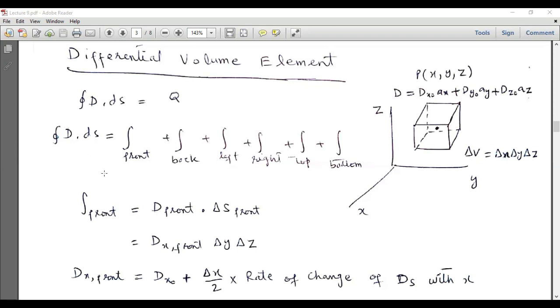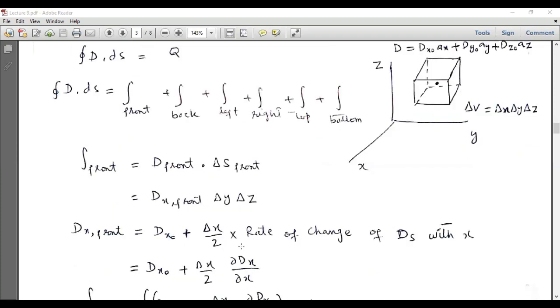So the first integration is the integral over the front surface, and this integral is equal to D dot dS at the front surface, and it is equal to D front dot delta S front. So D front is actually Dx front into delta y into delta z.